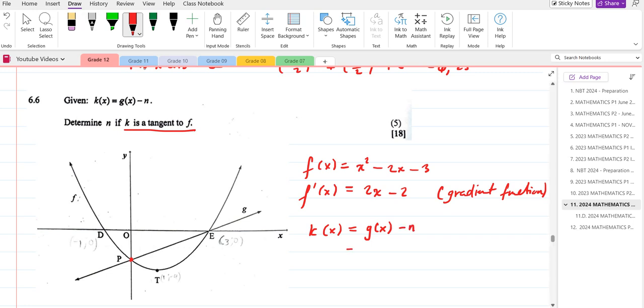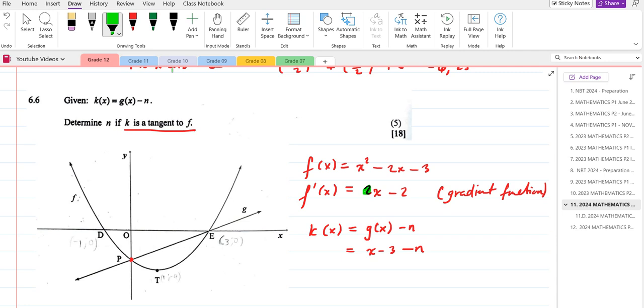What is g of x? X minus 3. So k of x is x minus 3 minus n.